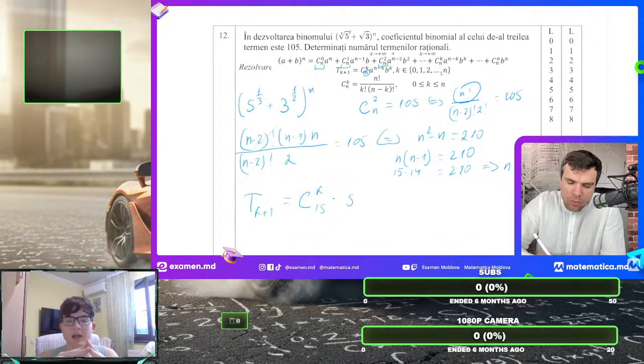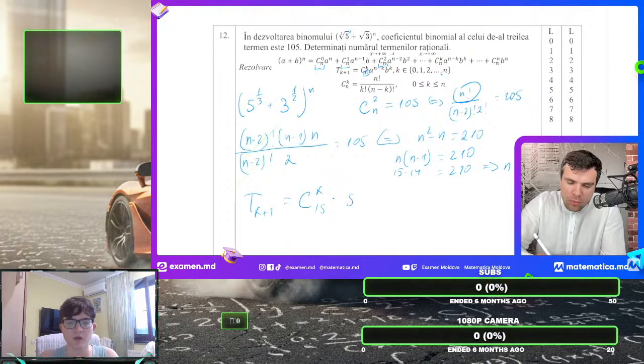I thought he's gonna use Vieta or delta to find the k, but he just writes down the stuff. I mean, perhaps he already found it out. Okay, so he did it with Vieta or some other thing. 15 is the n because that's how you get here. N minus 1 is essentially 15 minus 1 is 14. So he found out that n is 15, and now he just plugs that in right here.